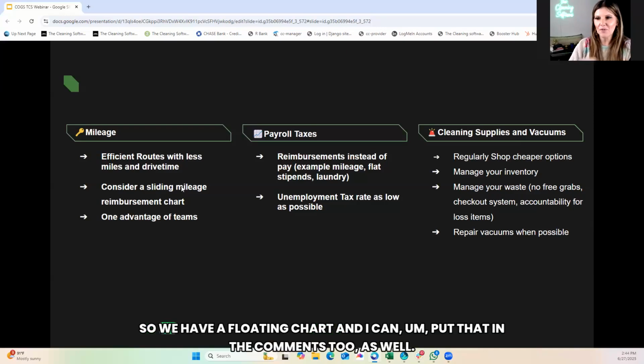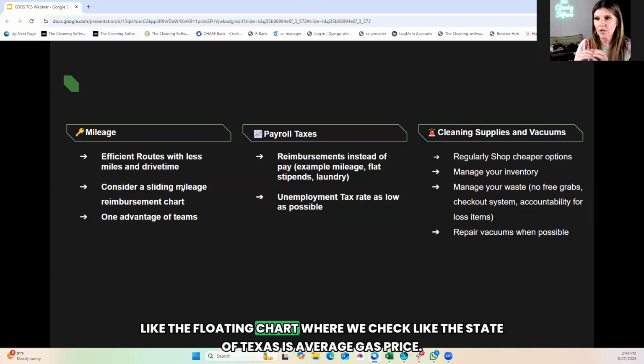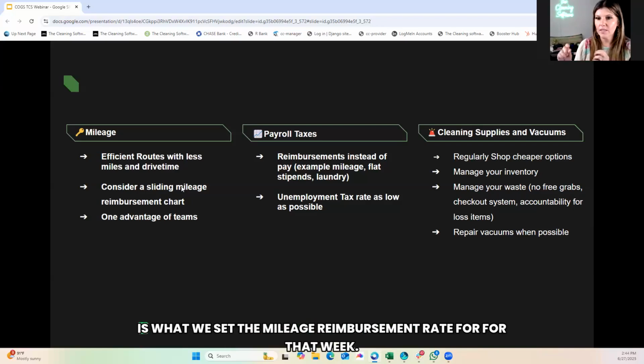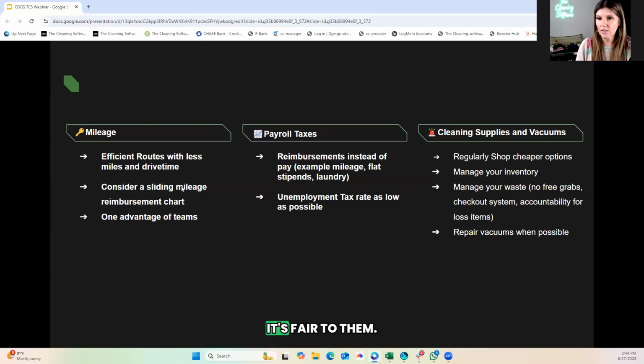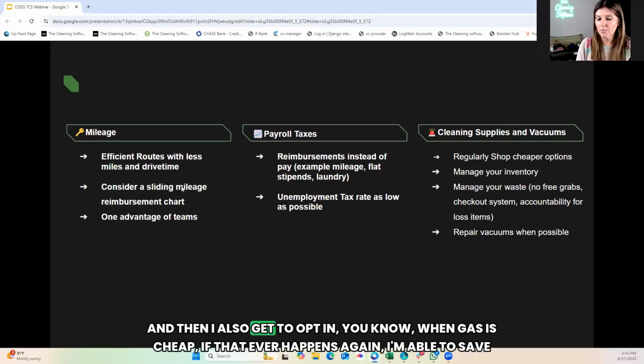So we have a floating chart, and I can put that in the comments as well, where we check the state of Texas's average gas price. And according to that is what we set the mileage reimbursement rate for that week. So every week we are reimbursing a different rate depending upon gas prices, which the girls love. It's fair to them. And then when gas is cheap, if that ever happens again, I'm able to save money on my side.